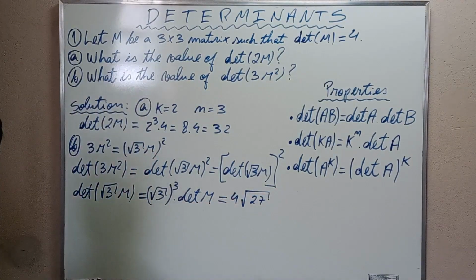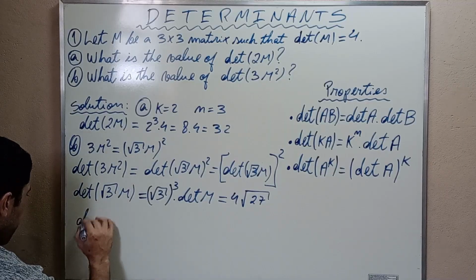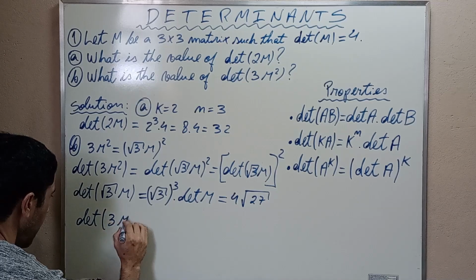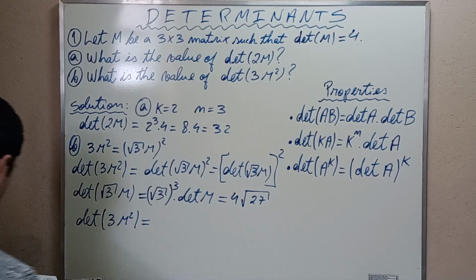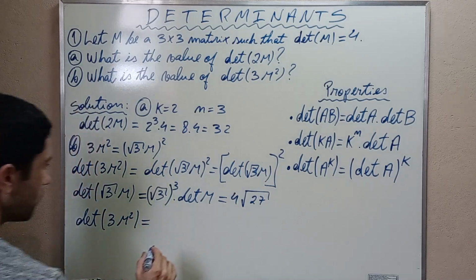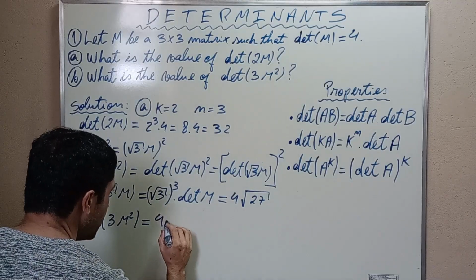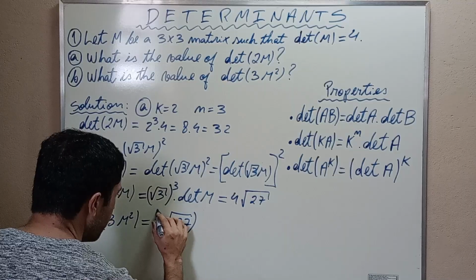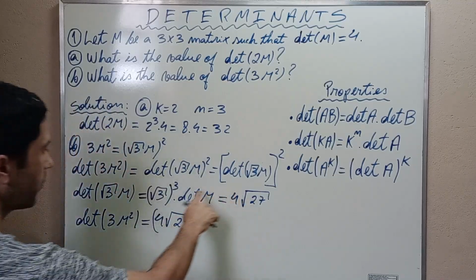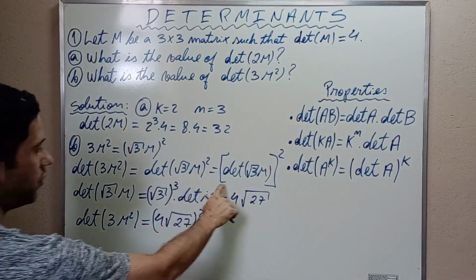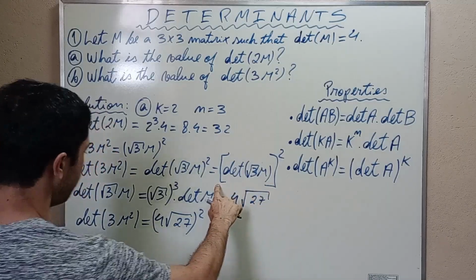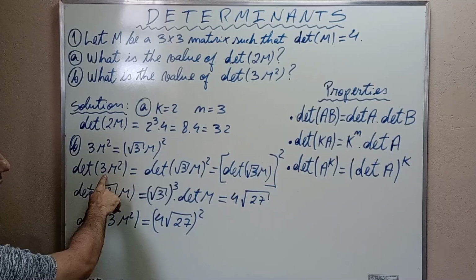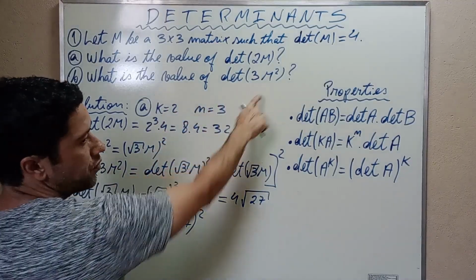The determinant of 3M squared is equal to 4 times the square root of 27, squared, okay? The determinant of this is equal to the determinant of this, which is equal to the determinant of this, which is the question for letter B.